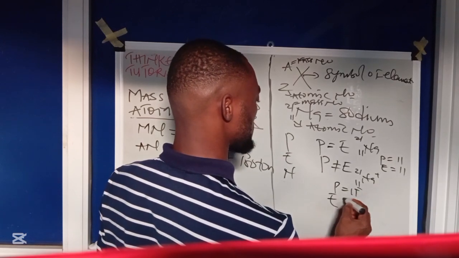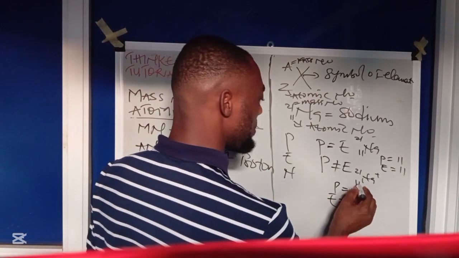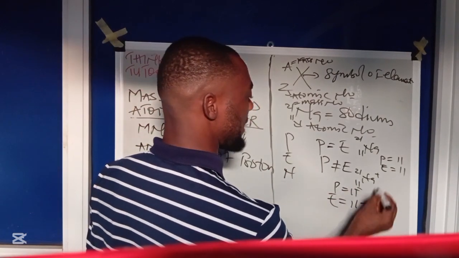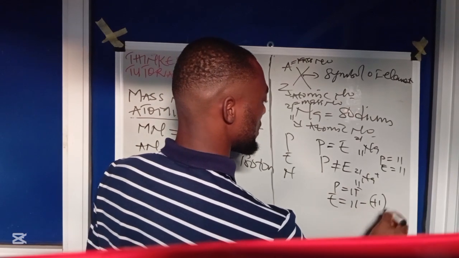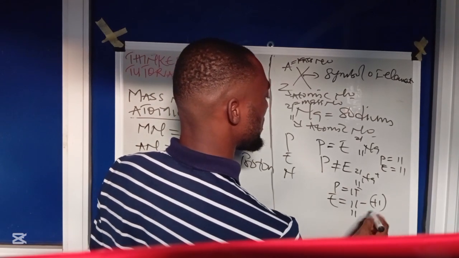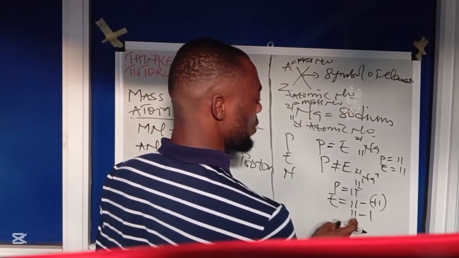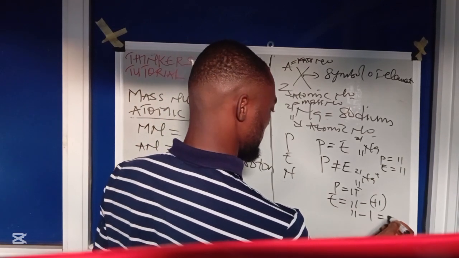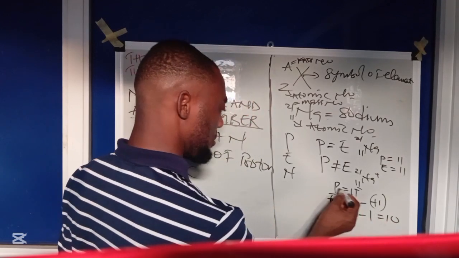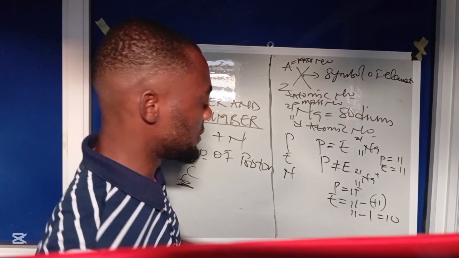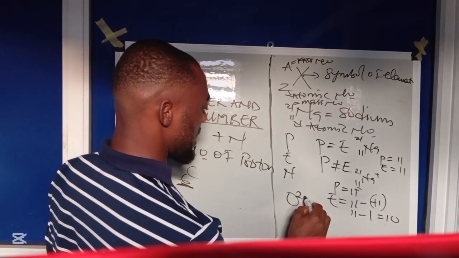But how do you get the electron here? You get it by taking the number of protons, which is 11, minus the charge the element is carrying, which is +1. So 11 minus 1 is equal to 10. So the number of electrons here is 10, while the number of protons is 11. Another example, let's use this one.